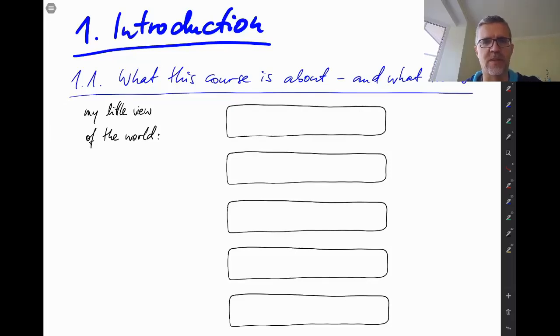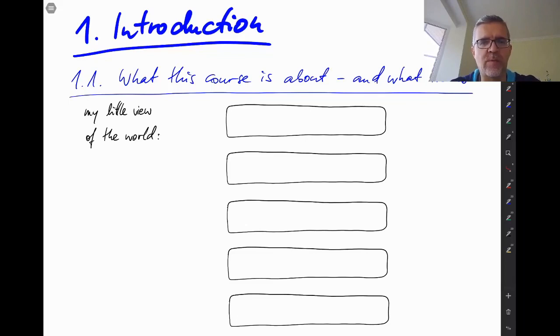Okay, so in chapter 1, introduction, we will see what this course is all about and also what it's not, so you can quickly see whether or not this is your course. In section 1.2 and the following, we will study the little problems that will guide us through this course.